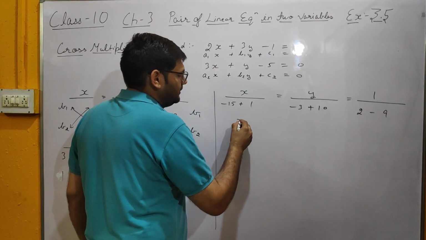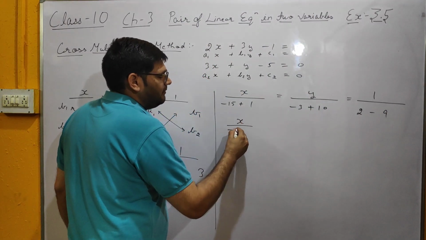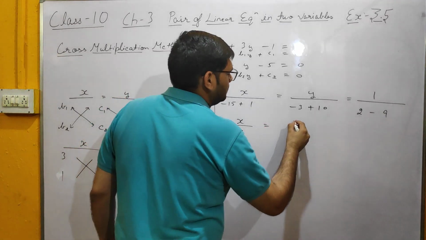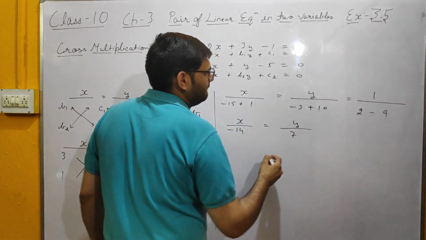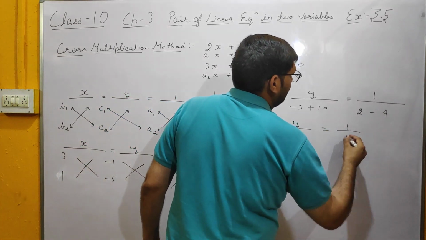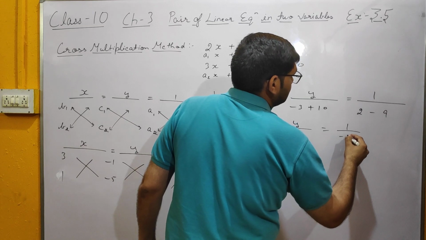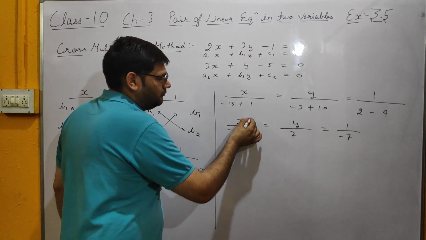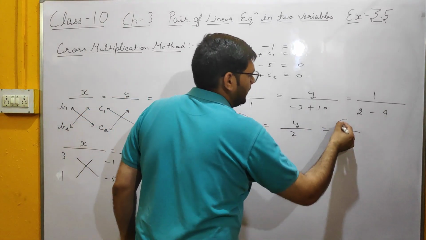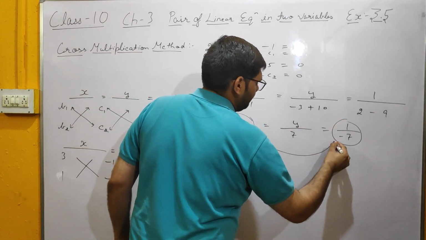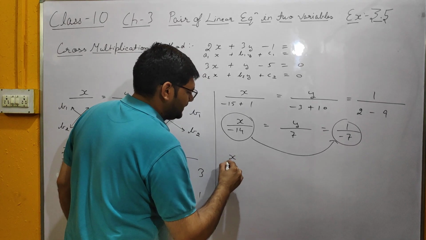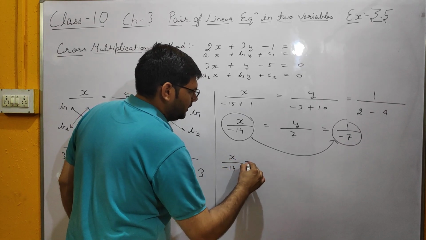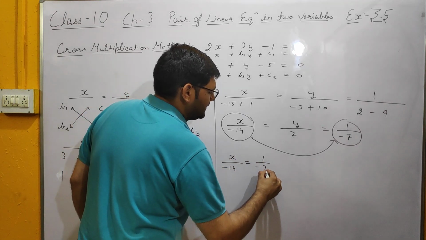Now just solve it. x upon minus 14 equals y upon 7 equals 1 upon minus 7. Okay, now we will equate this with this one, that is x by minus 14 equals 1 by minus 7.